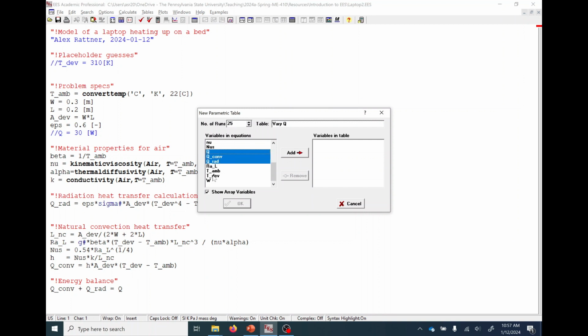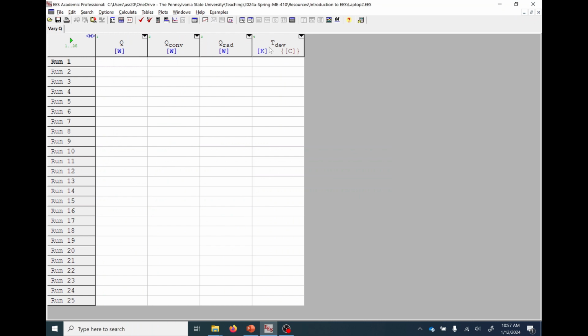So let's just add in a few of these variables to the table. We don't need every single one, but I think this is probably a good starting point. So now we have this table, and we want to know basically if we change Q, how does the device temperature change, and then also how did the two different heat transfer rates change.